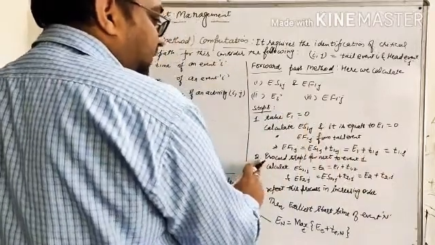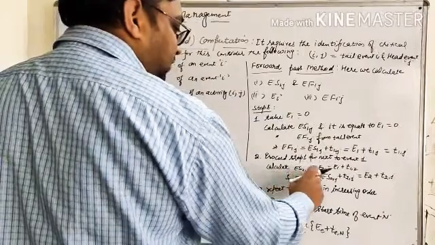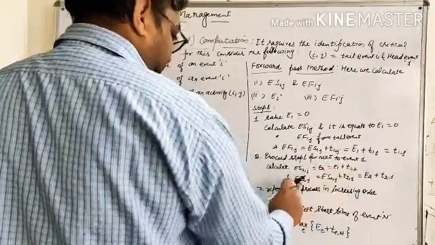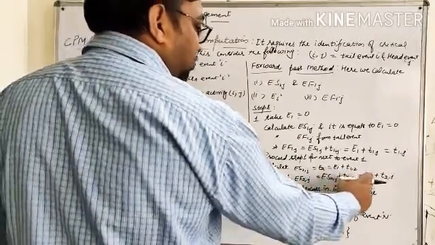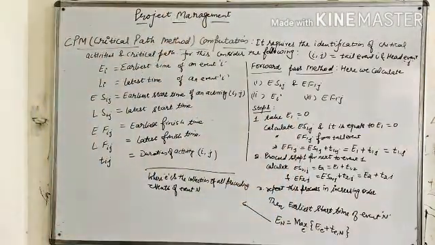Now proceed to the next event after event 1, that is, calculate ES2j, which equals E2, which equals E1 plus T12. EF2j equals ES2j plus T2j, which equals E2 plus T2j. Repeat this entire process in increasing order.